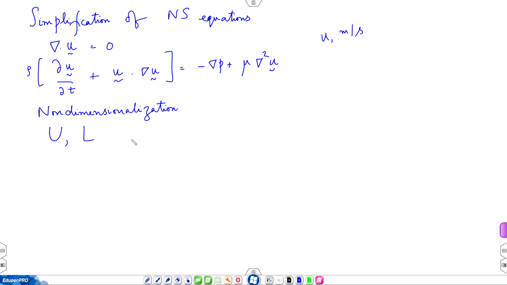You can pick the diameter as a length scale. If you have a gentle breeze going past a chimney, then that upstream velocity becomes a velocity scale, characteristic velocity, which you can pick as capital U. What is the advantage of picking a characteristic, let us say velocity scale? So, characteristic scales.